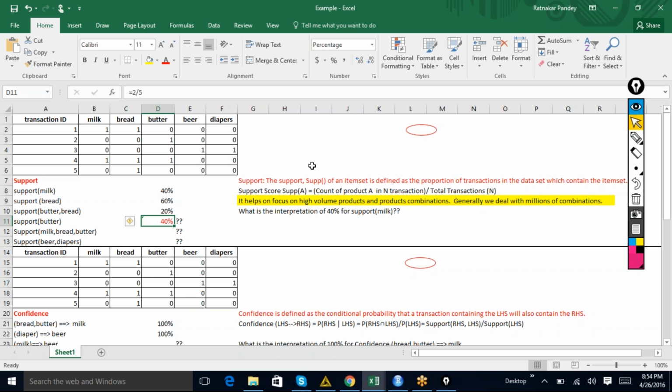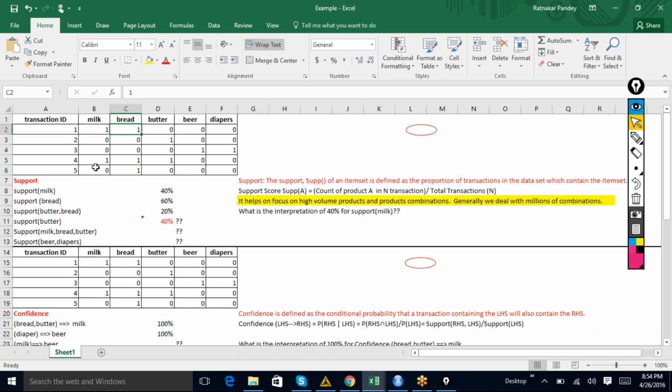Okay, let's see the support for milk, bread and butter. What does it mean? That milk, bread and butter were bought in the same transaction. So let's find out how many transactions are like this. Milk was bought here, bread was bought here, but there was no butter in the first, so that doesn't qualify.